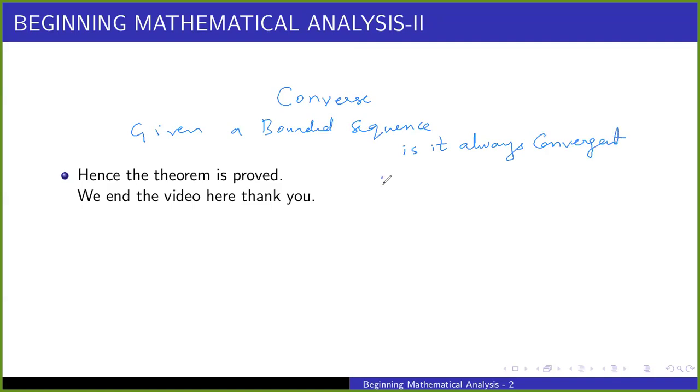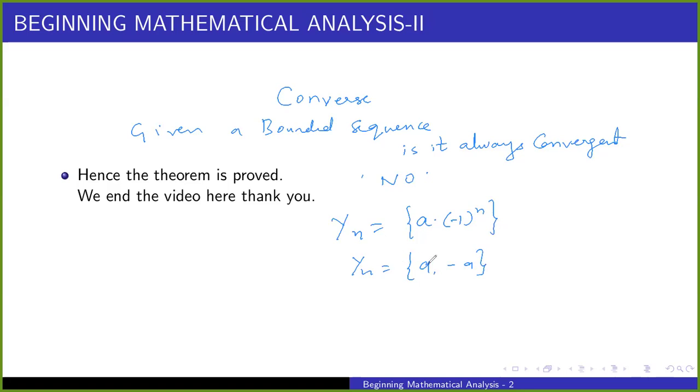The answer is a clear no. Consider, let's say, yn equal to a times minus 1 to the power n. For n equal to 1 you get minus a, n equal to 2 you get plus a, n equal to 3 you get minus a. Eventually, as a set, yn is simply a and minus a.